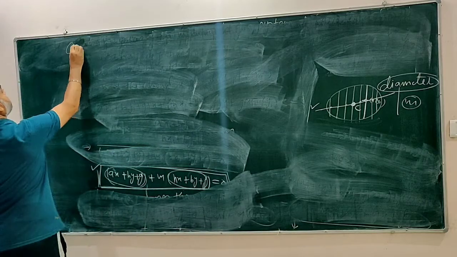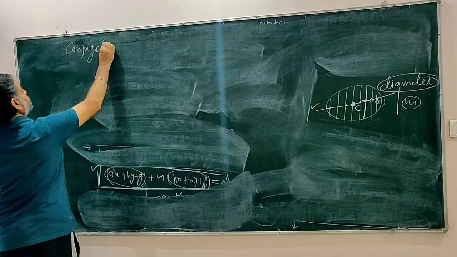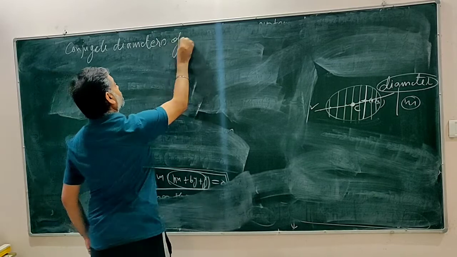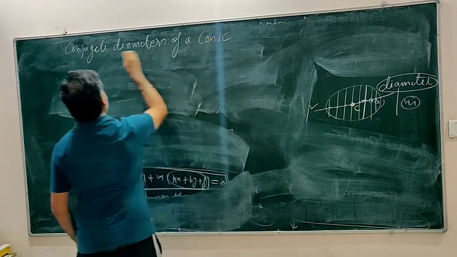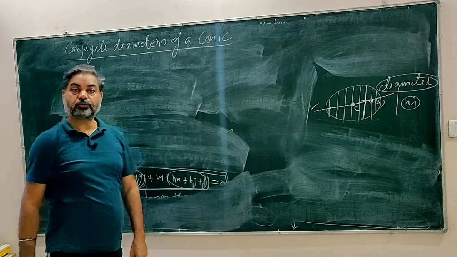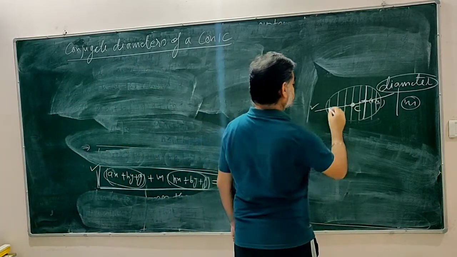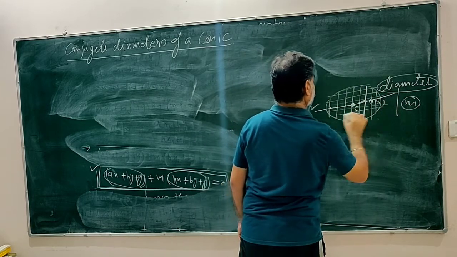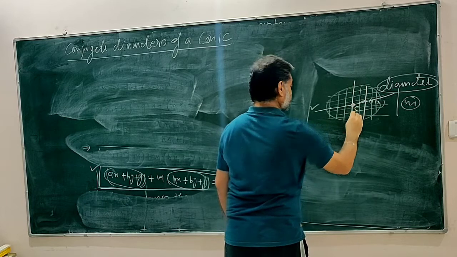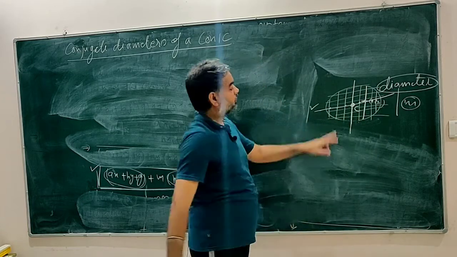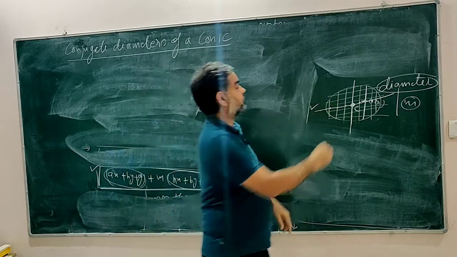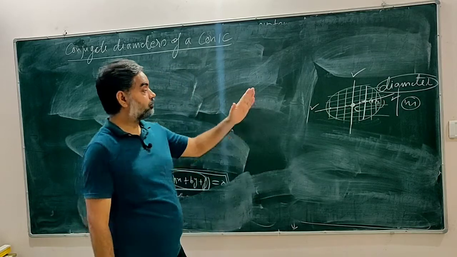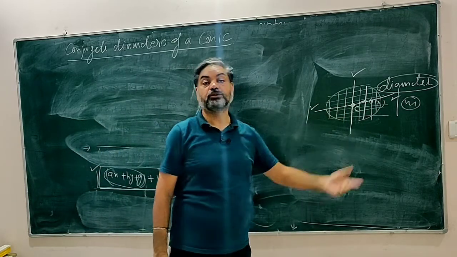Two diameters of a conic are called conjugate diameters. Two diameters, for example this and this. Two diameters of a conic are called conjugate diameters if one bisects the chords parallel to the other.